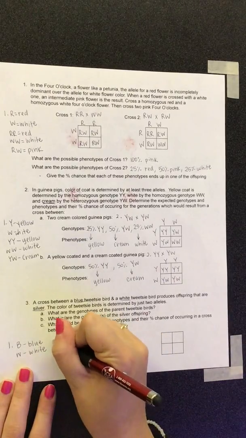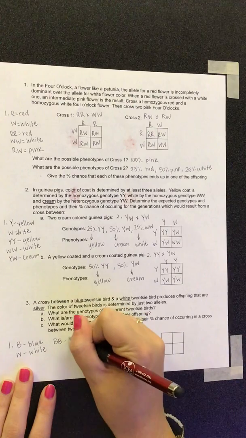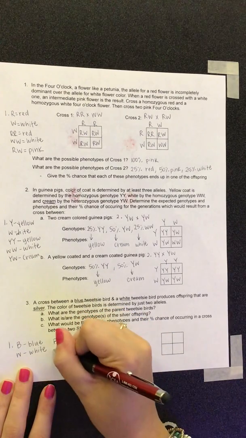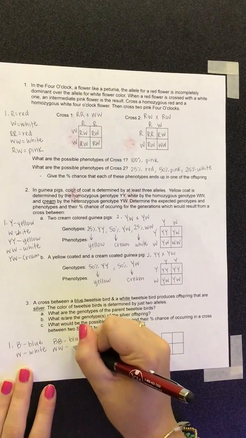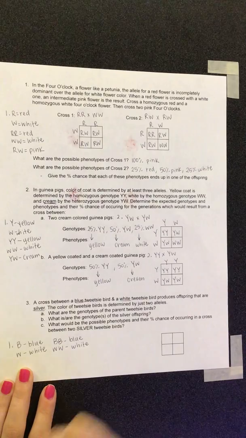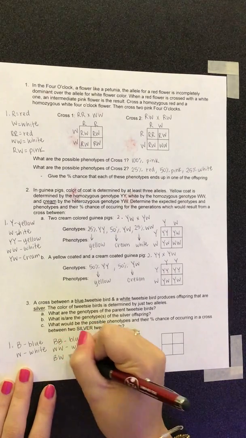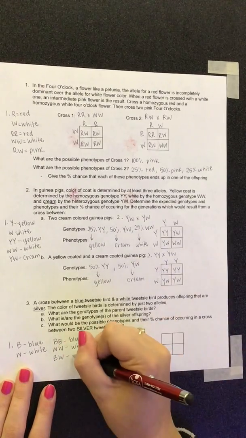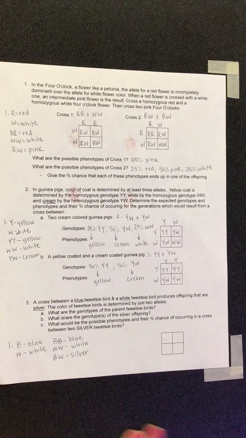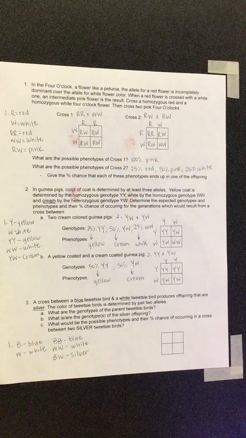So BB is going to be a blue Tweetsie bird. WW is going to be a white Tweetsie bird. And the heterozygous combination, BW, is going to be the silver Tweetsie bird. All right.